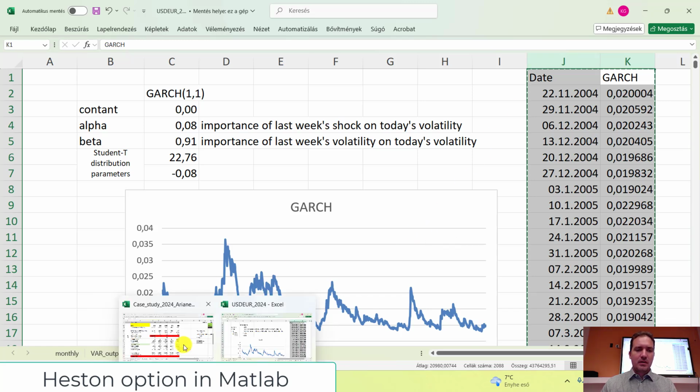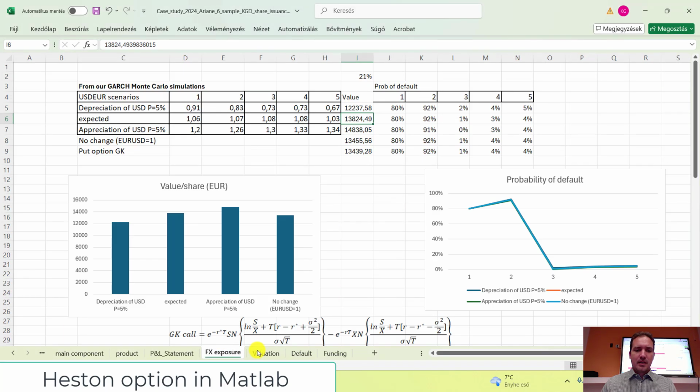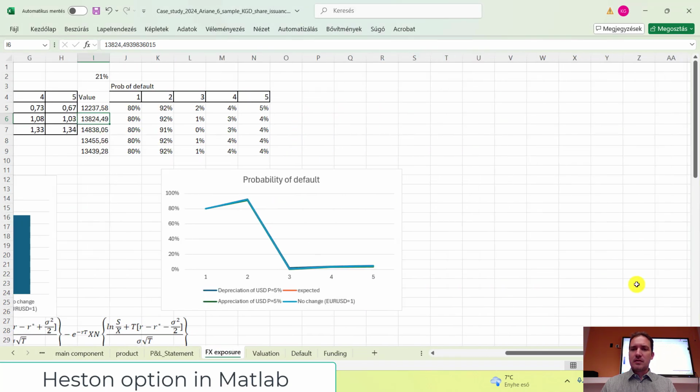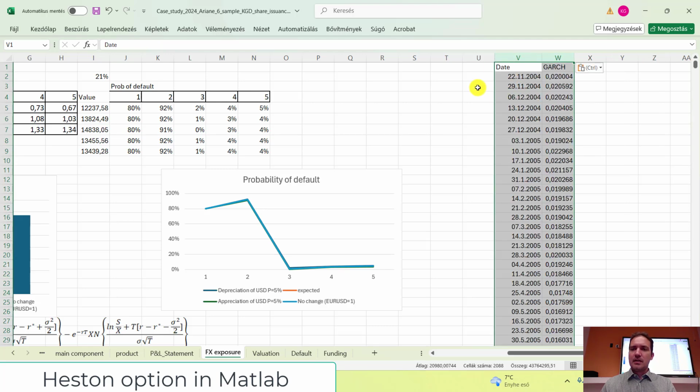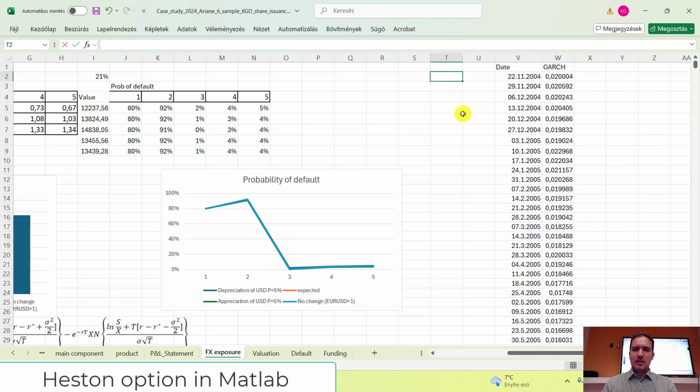I will copy it here in the exposure. Large standard deviation, and then variance.